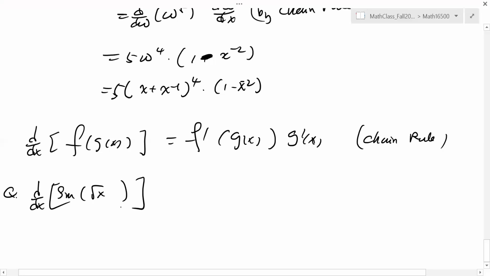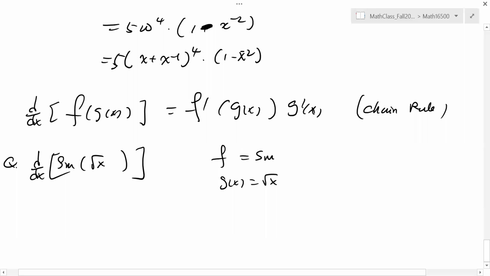It's actually a composite of two functions, right? f here is sine, and g of x is going to be square root x. Okay.